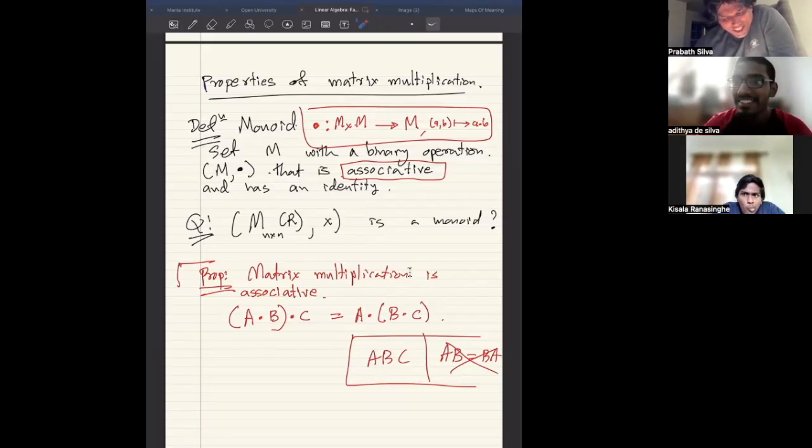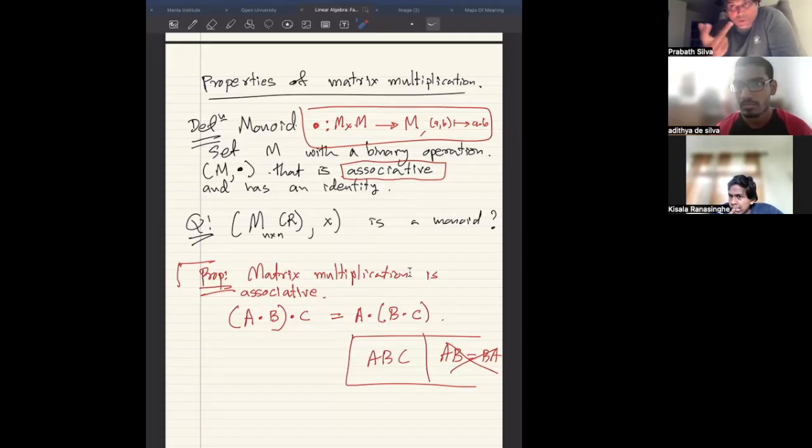So what's happening? We got the idea or intuition from real numbers, complex numbers, matrices, and vectors.